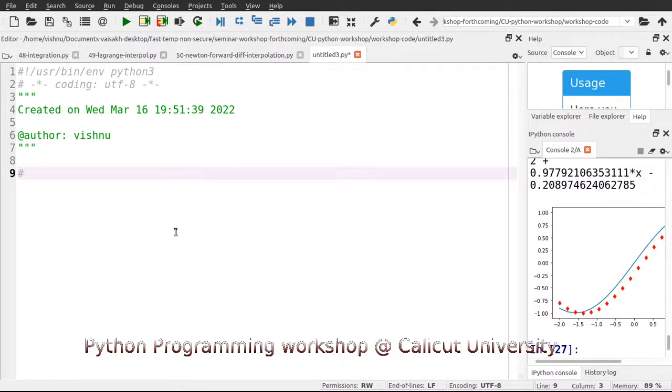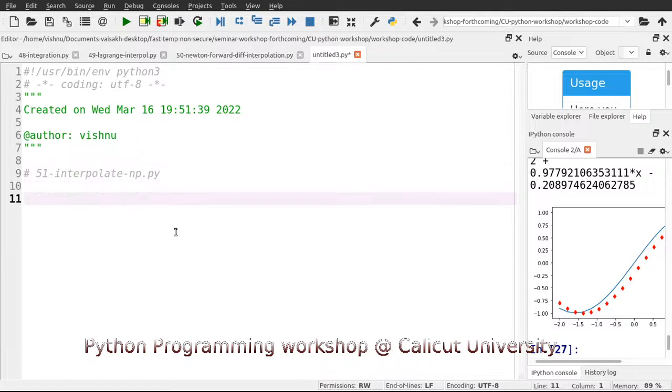So the program number is 51, interpolate NP. In this, suppose that we are using x once again as x points, so let us use the same convention. X points we are creating.